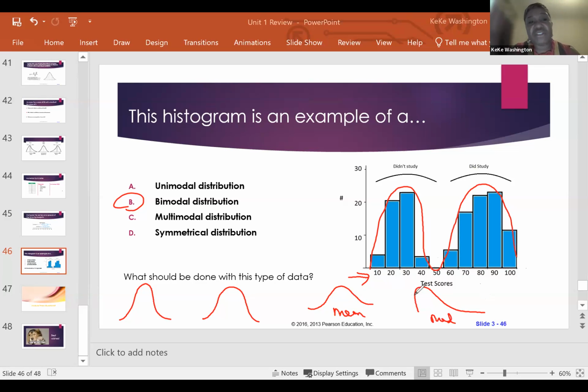So if the shapes are different, remember one thing that I taught you about symmetrical distributions, and I apologize for this red, is that the mean and the median are practically the same in a symmetrical distribution. At no point will you use the mean to represent a skew distribution center. I showed you earlier that the mean is going to pull in the direction of the tail because the mean is affected by outliers.